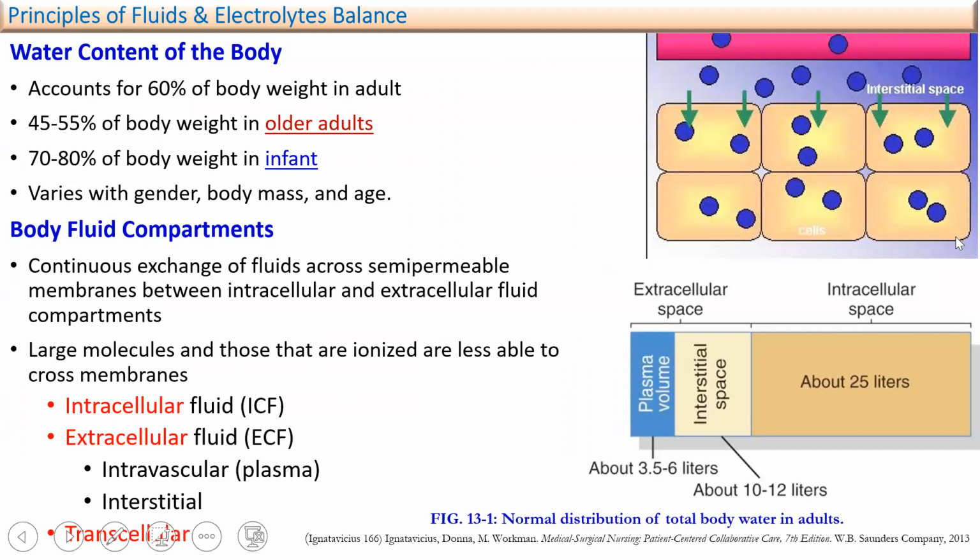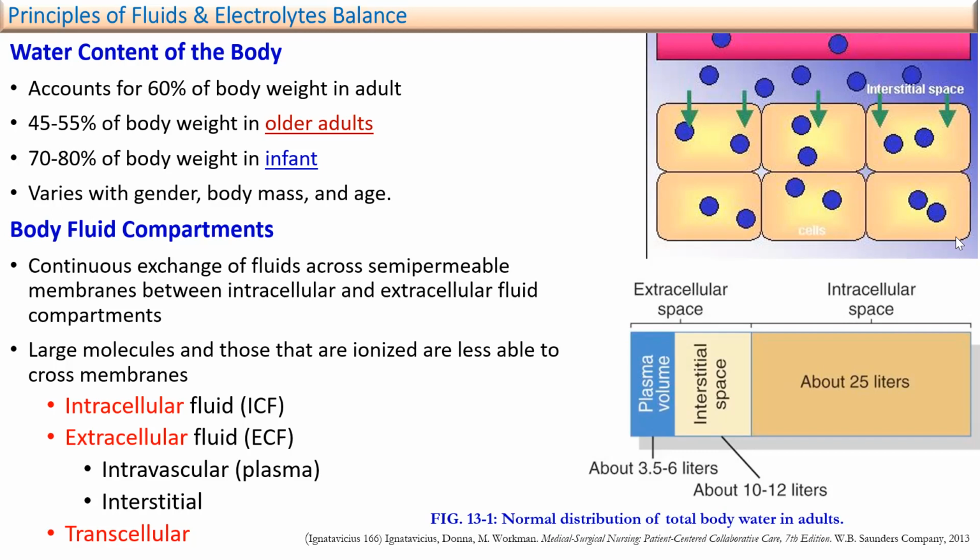So the water content of the body is present in three main compartments. The first one is the main compartment, which is intracellular fluid, ICF. The second is the extracellular fluid, ECF, and the fluid in the ECF is present in two subcompartments.